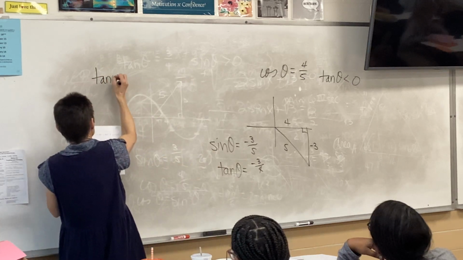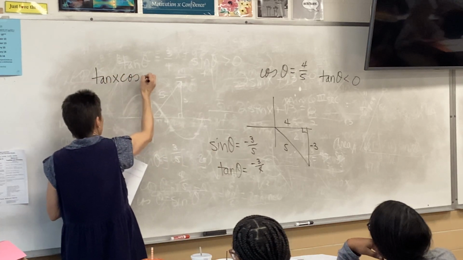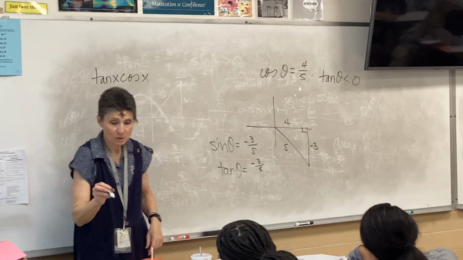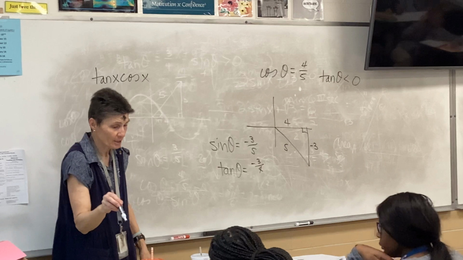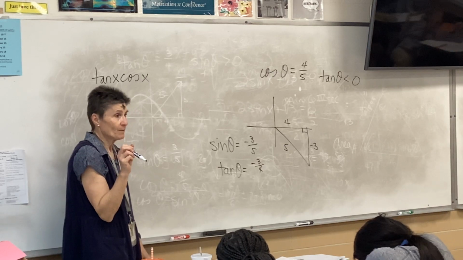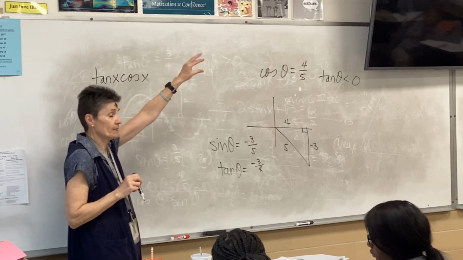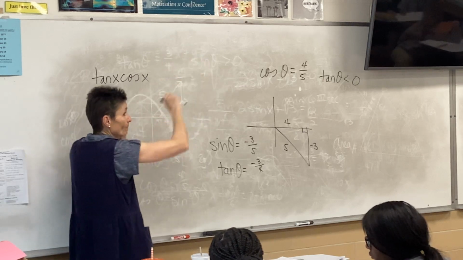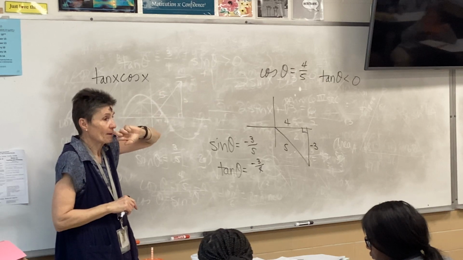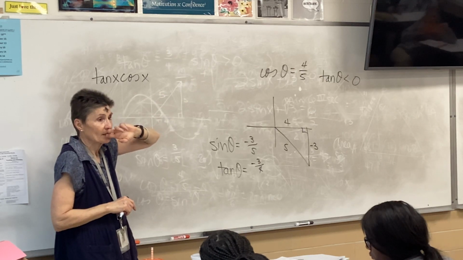All right, we want to simplify tangent times cosine. Now I want you to look on your sheet. Some of them are pink, I don't know what color, orange. Okay? And up in the corner over here on the right-hand corner, I wrote in, what? What did I say about tangent up there in the corner?